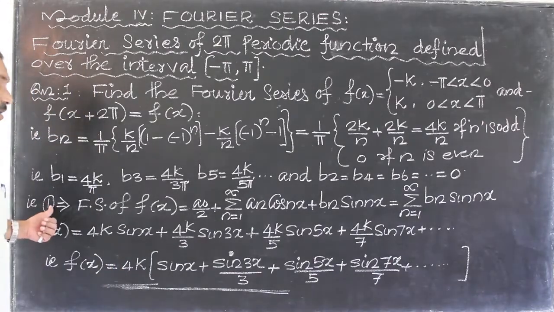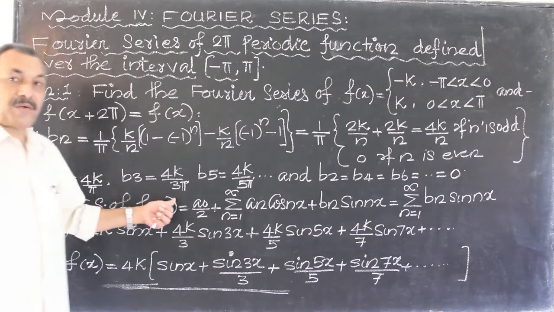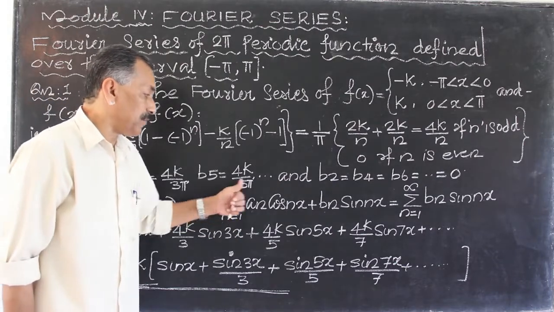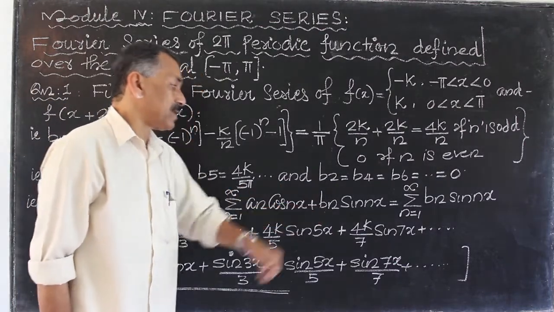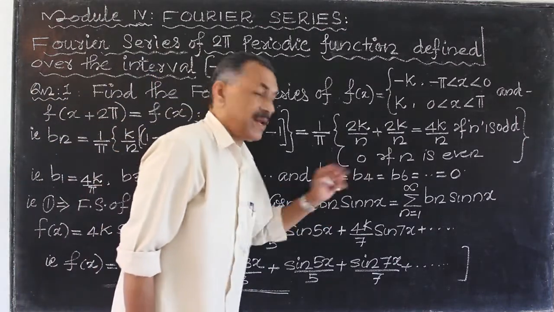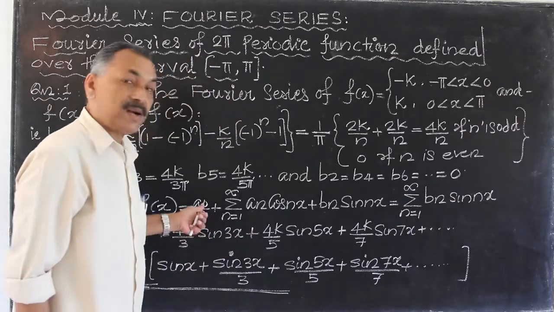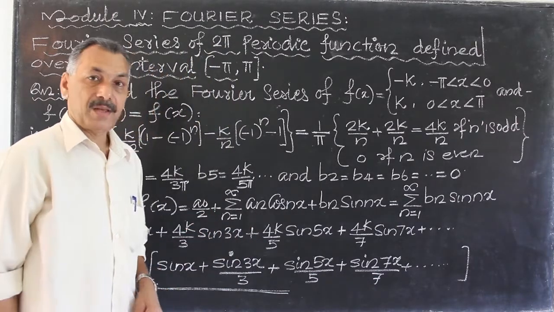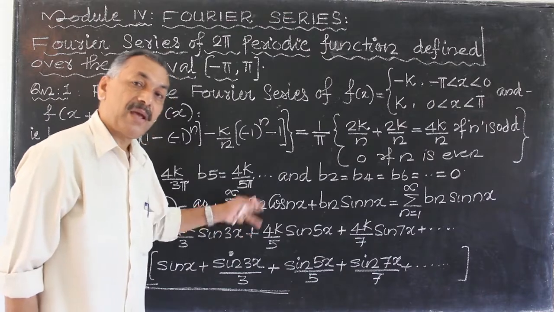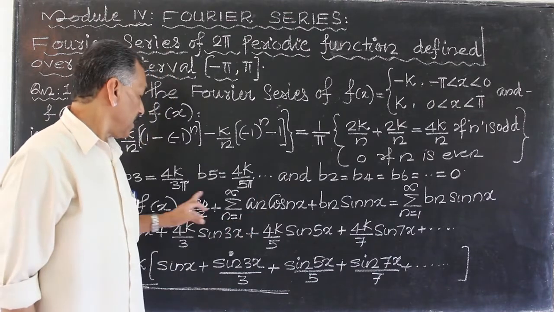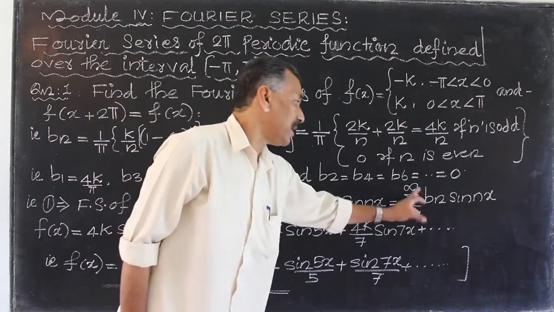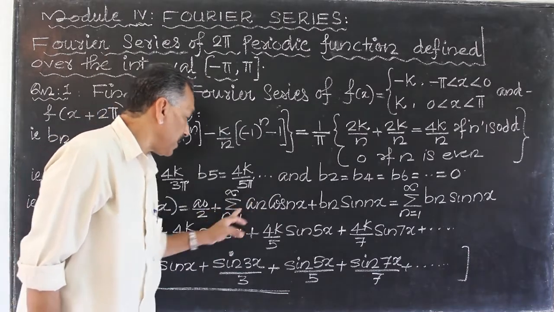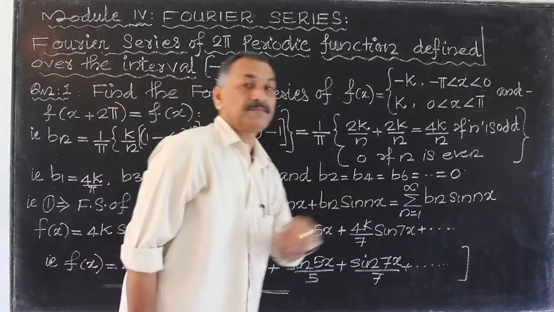Then, the result one, the Fourier series of f(x) is a0 by 2 plus sigma n is equal to 1 to infinity an cos nx plus bn sin nx. What is a0? a0 is 0, and an is also 0. So f of x is equal to sigma n equal to 1 to infinity bn sin nx.